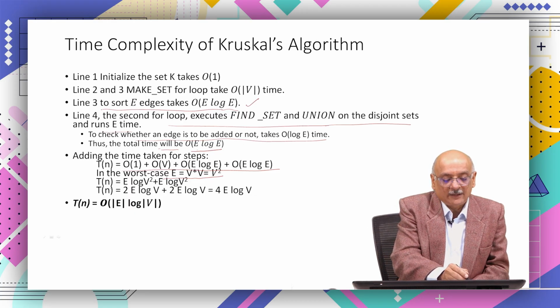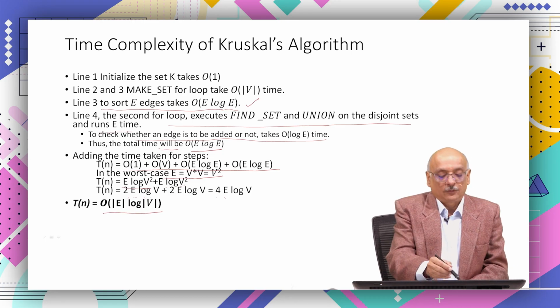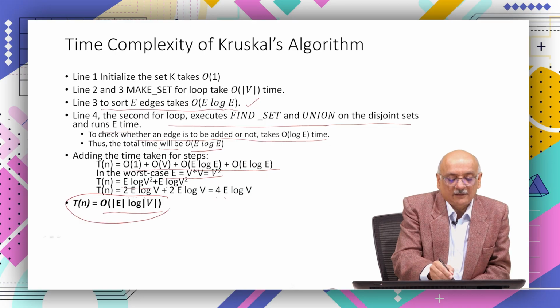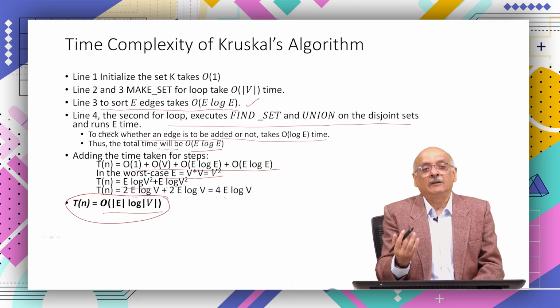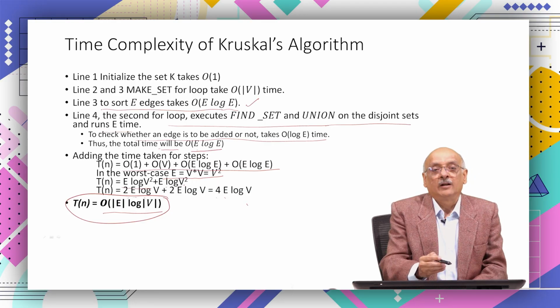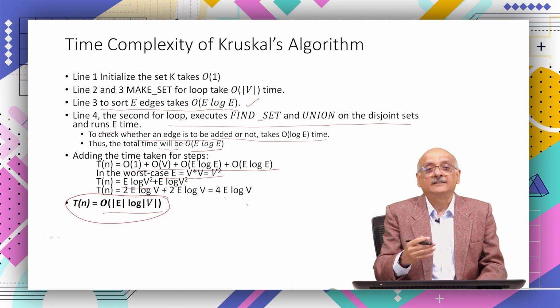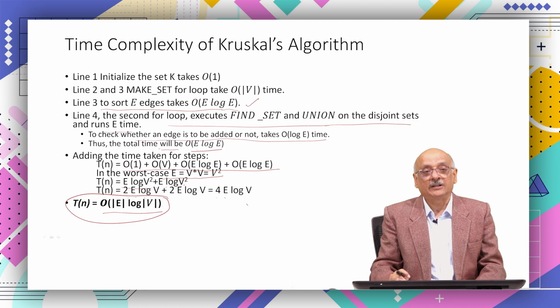Then we get an order of E log V square plus E log V square, which once again can be converted into an order E log V. So, E log V is the actual time when we are using Kruskal's algorithm, specifically with adjacency matrix representation.